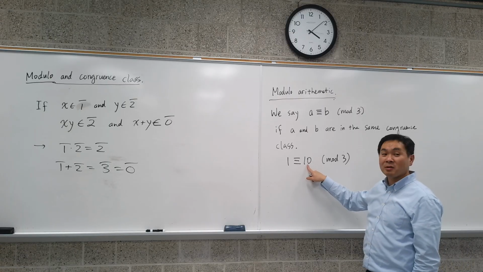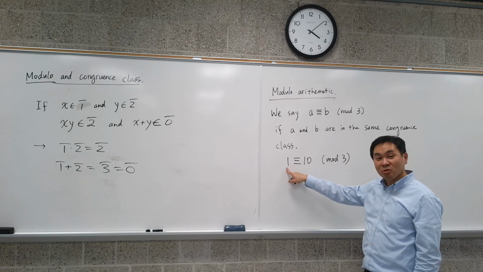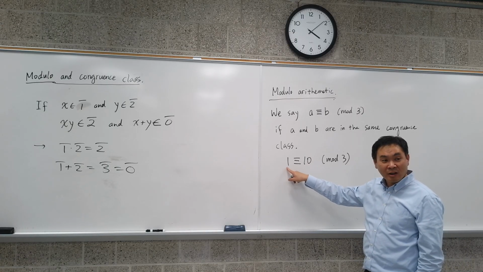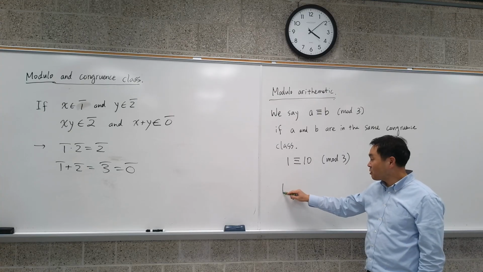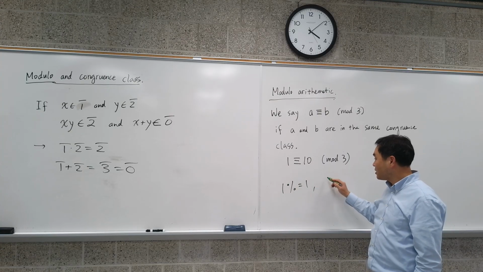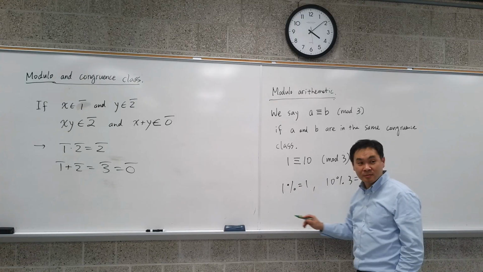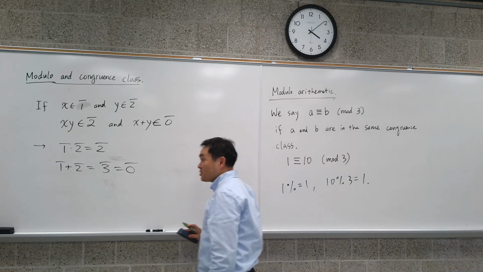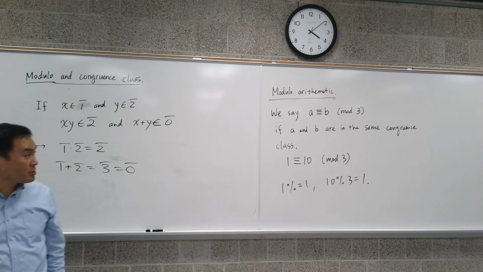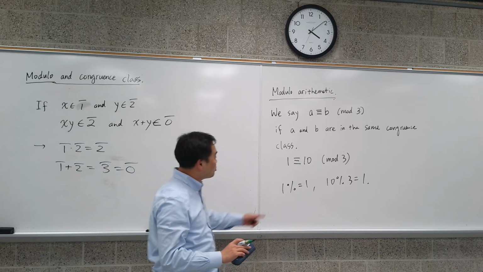Because what's 10 mod 3? That's 1. 1 mod 3 is 1, and 10 mod 3 is also 1. Okay, we say that two things are in the same congruence class by using the triple equal sign.